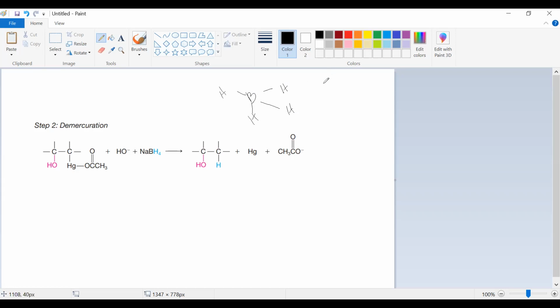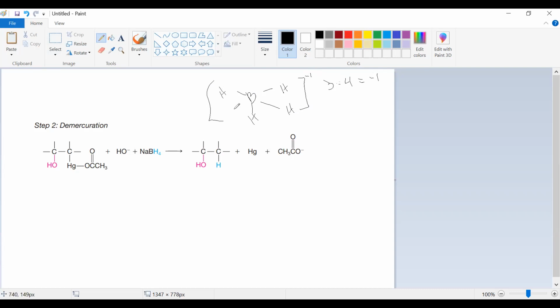If you compute the formal charge, boron has 3 minus the number of bonds, 4, minus 0 electrons, so your charge here is actually -1. So this is your borohydride, it's -1, and sodium is positive.